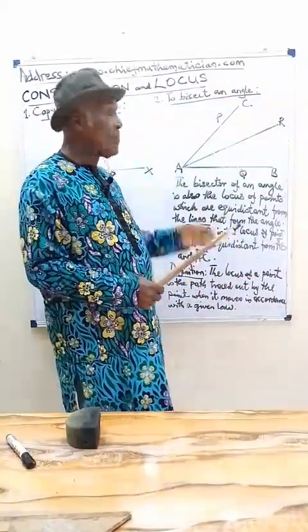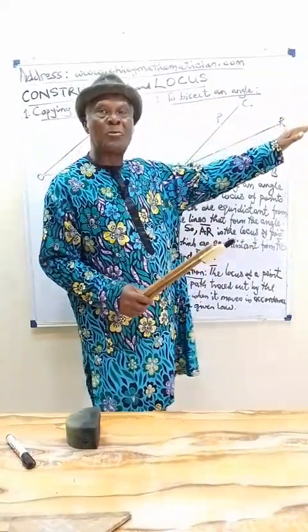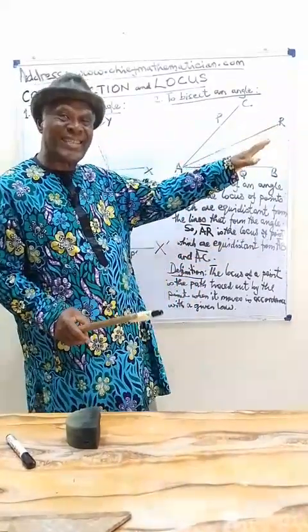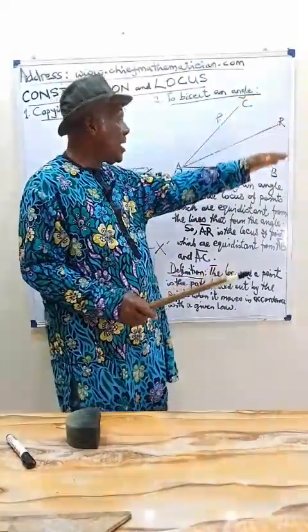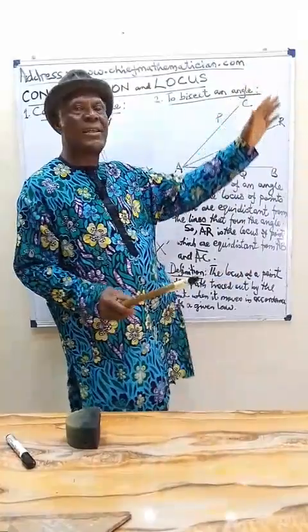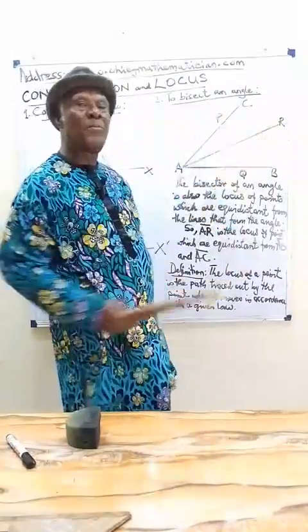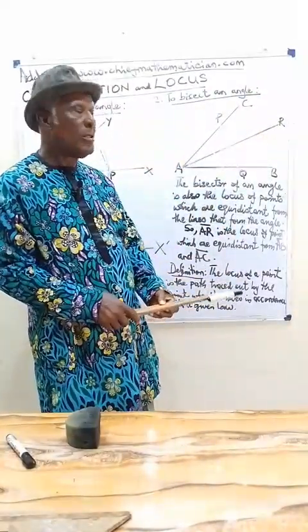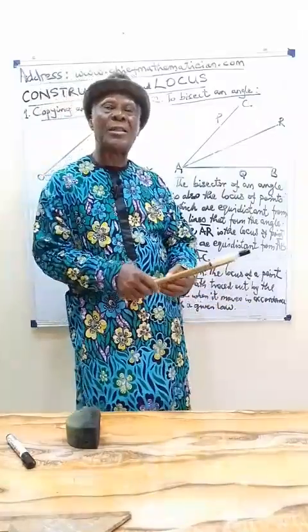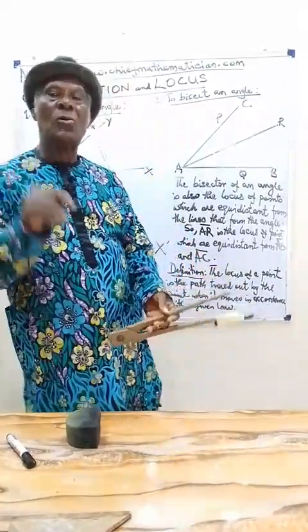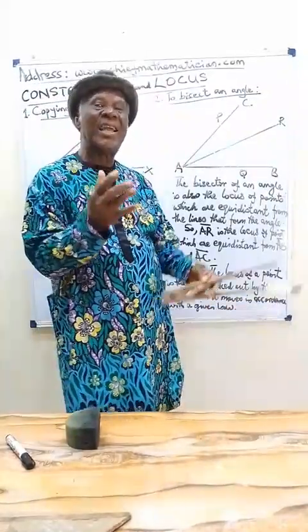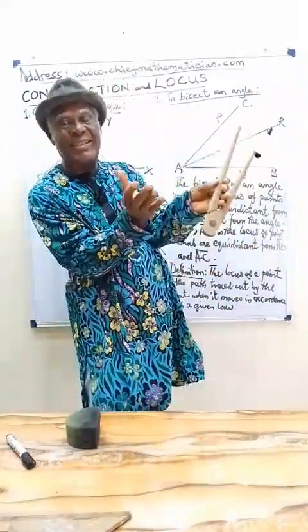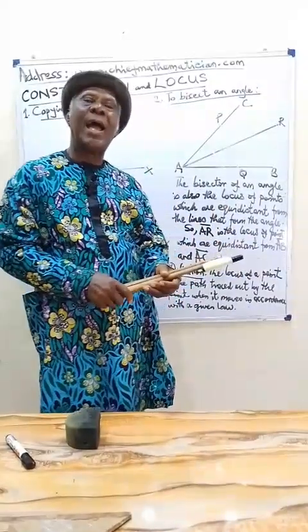And so that bisector becomes the locus of points which are equidistant from AB and AC, the two lines that form the angle. So when you construct the bisector of an angle, you have at the same time constructed the locus of points equidistant from the two lines that form the angle.